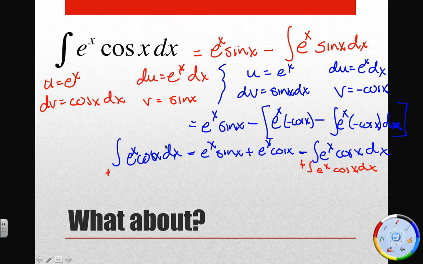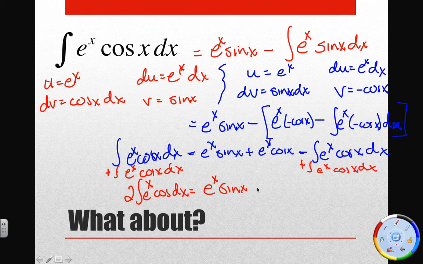I can add this integral to both sides, and I get 2 times the integral. Bear with me if you're not following this. e to the x sine x plus e to the x cosine x.